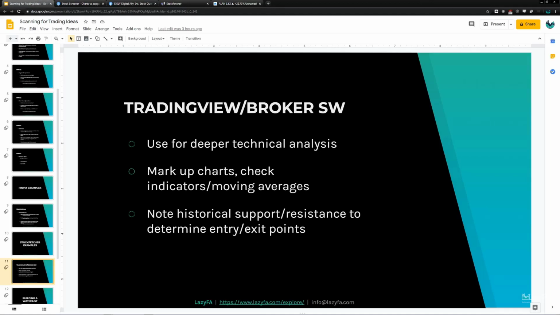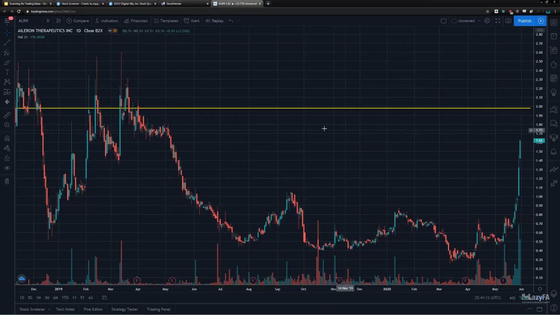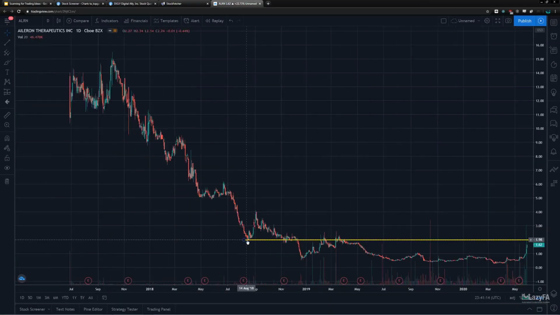And then also noting, like I did here on ALRN, the past support and resistance levels. So back here in August of 2018, there was support around $2, and then when it finally broke under that support, it had a big sell-off down to under $1, and then it started resisting that $2 in March of 2019, and now we're just coming back into that resistance right now.